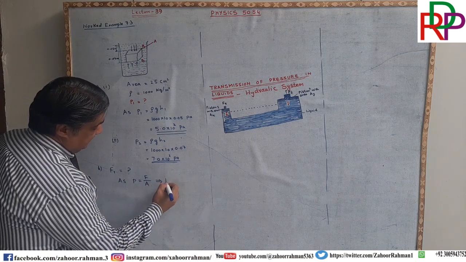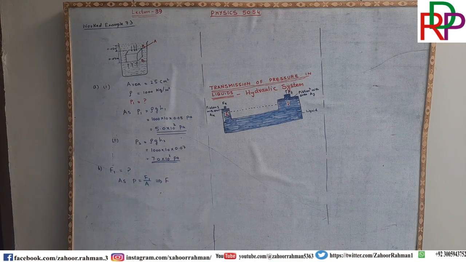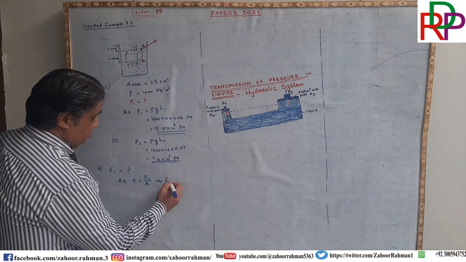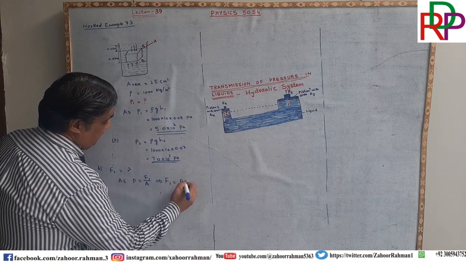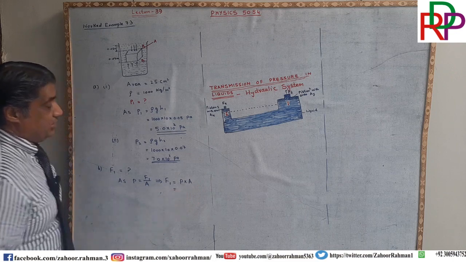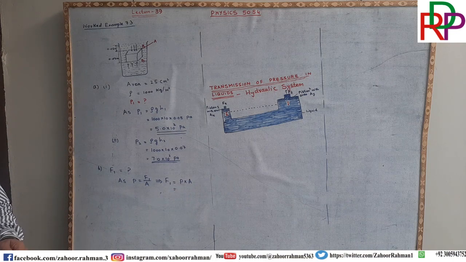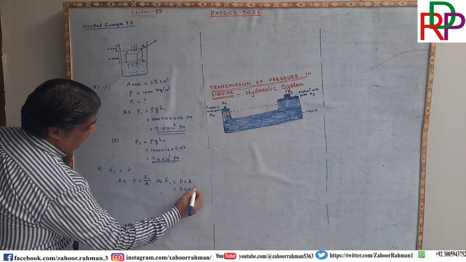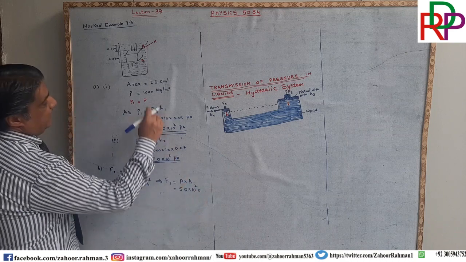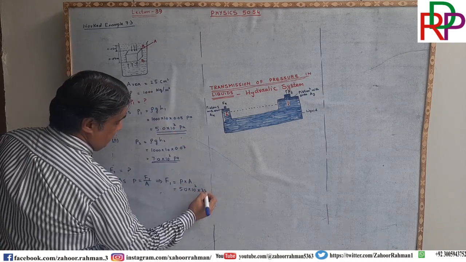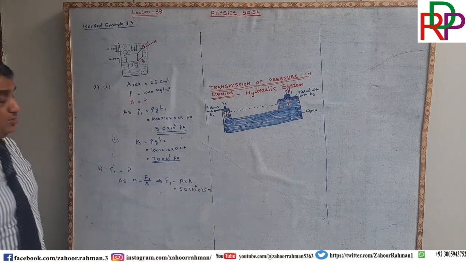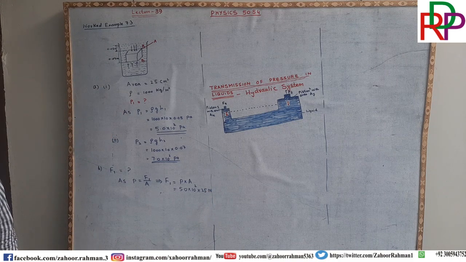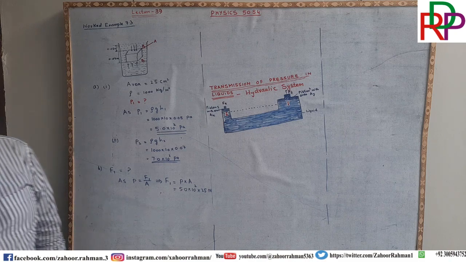This implies that F1 is equal to P into A. Pressure at the top is given as 5.0 into 10 raised to the power 2, and area is given as 25, and that will be in Newton because it is force.